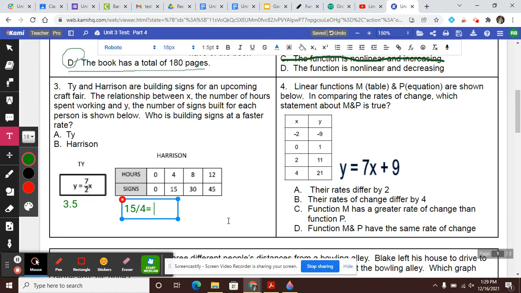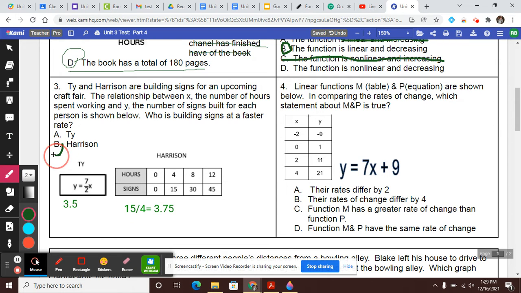When I simplify that, 15 divided by 4 is 3.75. It says we want to know who's building signs at a faster rate, so we're looking for the bigger number. Harrison has the bigger number. So my answer is that he's creating the signs at a faster rate.